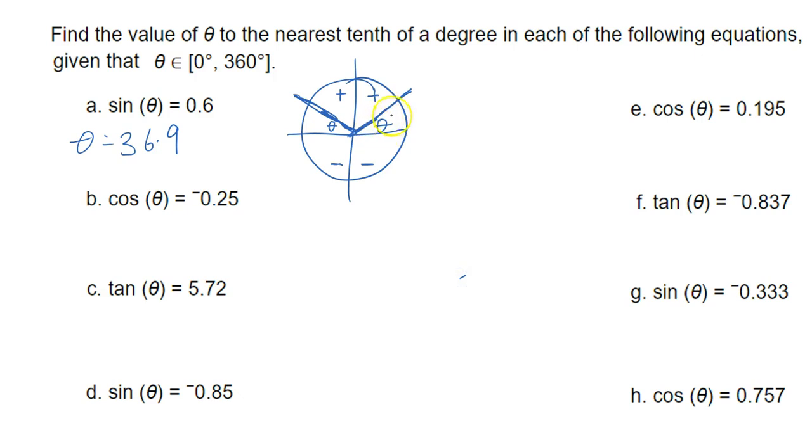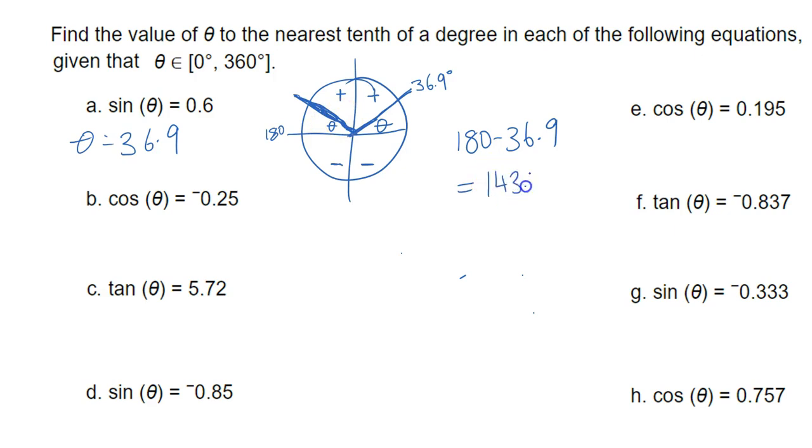We've got the angle here. This one is 36.9 degrees. But we also have to find this one here, and we're going to do that using our symmetry. We're going to say, this is 180, and 180 take away 36.9 will give us that line there.